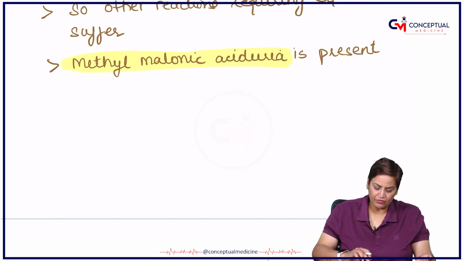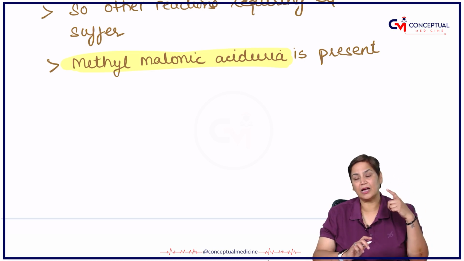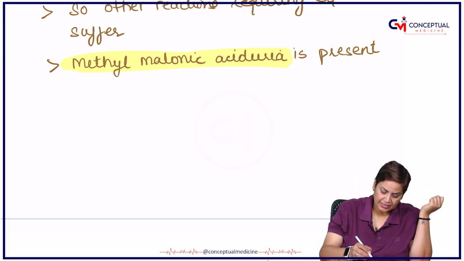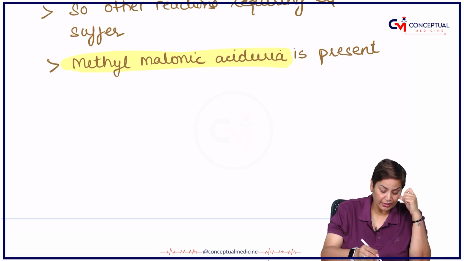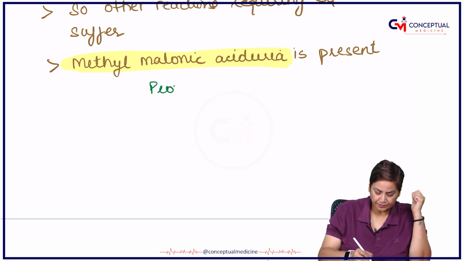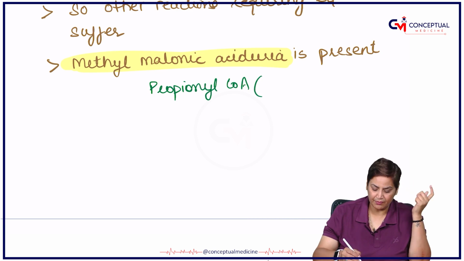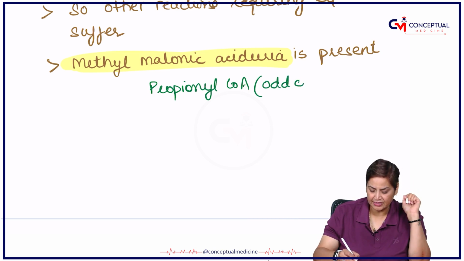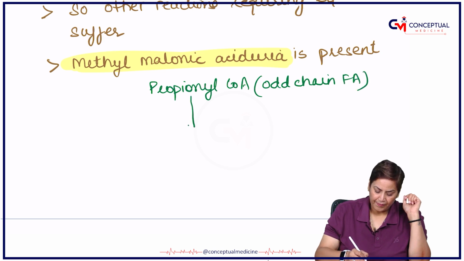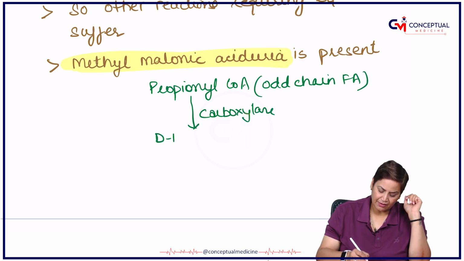And if we talk about why methylmalonic aciduria, because again, if we talk about this reaction, this propionyl coenzyme A, which comes from the breakdown of odd chain fatty acids, in the presence of carboxylase, forms methylmalonyl CoA.